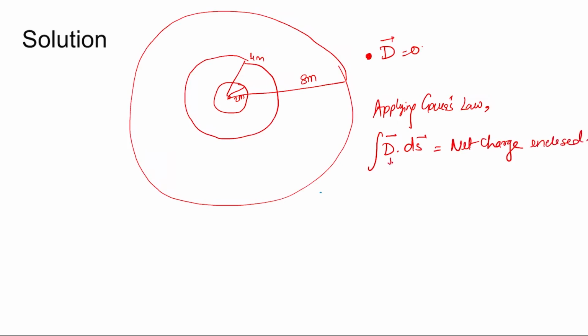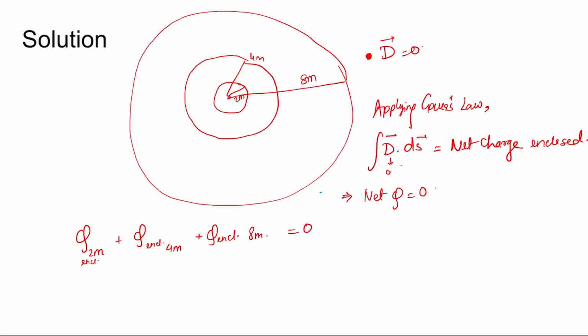Now this should be 0 at this point, so net charge enclosed should be 0. It implies net Q equal to 0. Now Q enclosed for 2 meter sphere plus Q enclosed for 4 meter sphere plus Q enclosed for 8 meter sphere must be equal to 0.